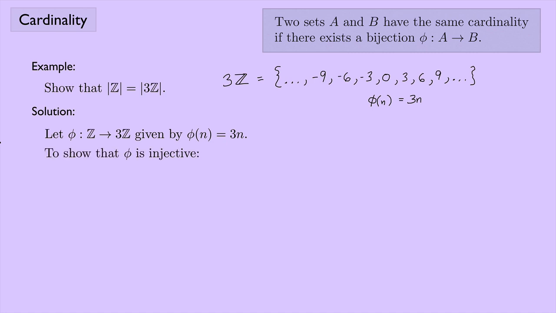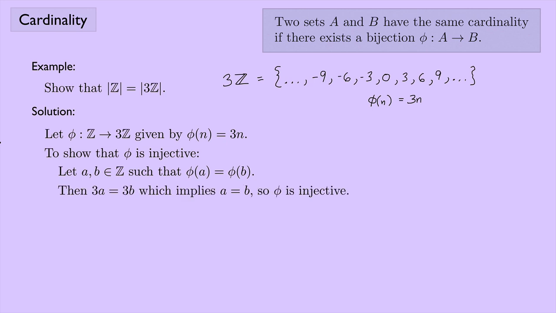So first, let's show that it's injective. To show that it's injective, we can start by letting a and b be 2 elements of the set of integers such that phi of a equals phi of b. And the goal is to show that a equals b. Well, if phi of a equals phi of b, then 3a equals 3b, and that implies that a equals b, so phi is injective. To show that phi is surjective, I'm going to let y be some element of 3Z, and I need to find an element x that gets mapped to y.